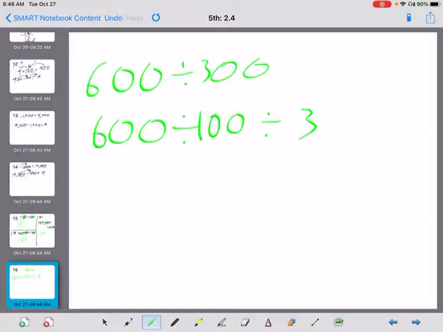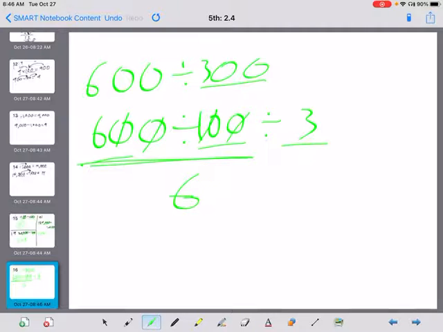So we're breaking apart 300 into 100 and 3. So we're doing it in steps. If we do 600 divided by 100, well, we cancel those out. We know that 6 divided by 1 is 6, and then 6 divided by 3, we get the answer as 2. Pretty simple, right?